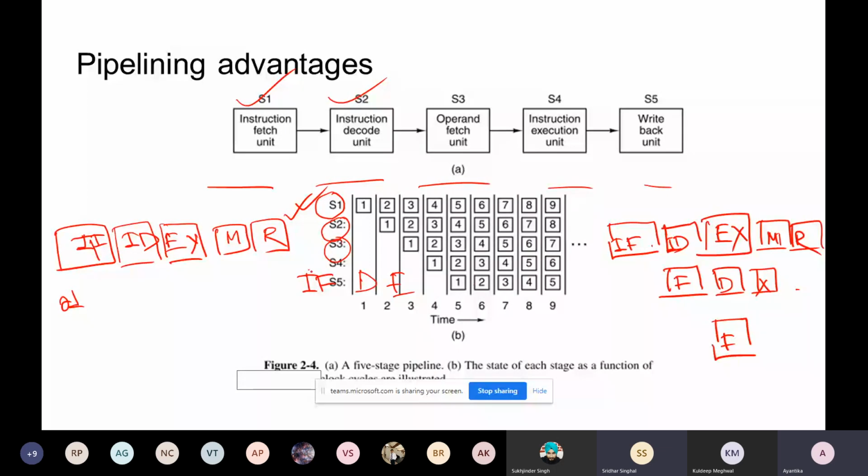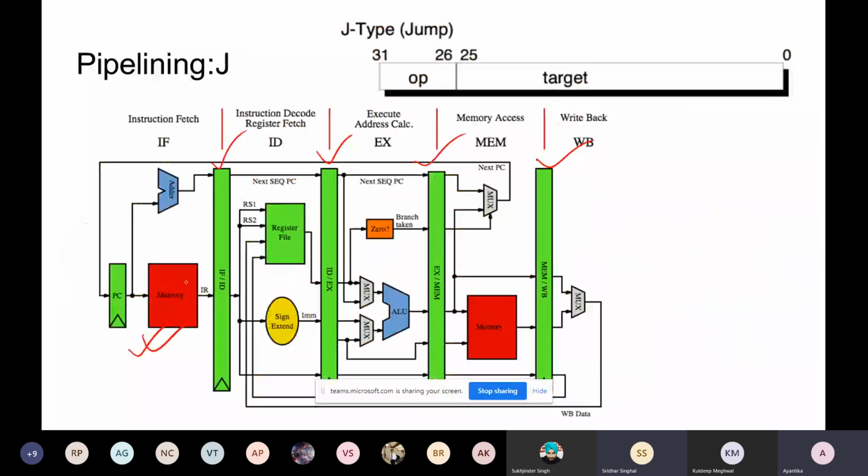Instead of waiting for all the stages to complete, we are starting from here. Now you are starting your second instruction, because at that time you have already used this intermediate register, and you have already fetched whatever values you need to be stored in this register.